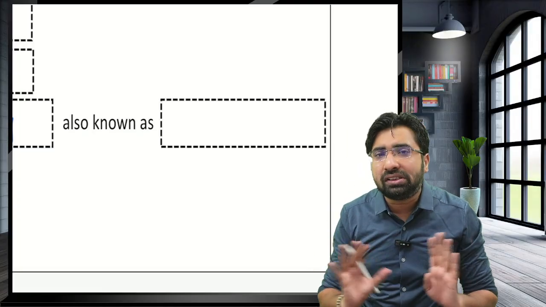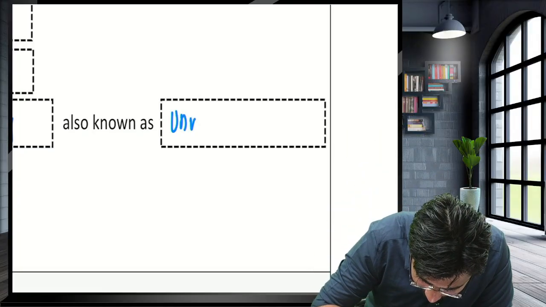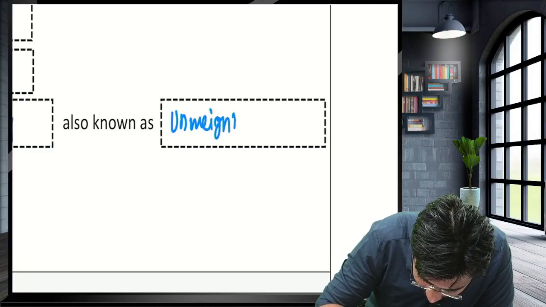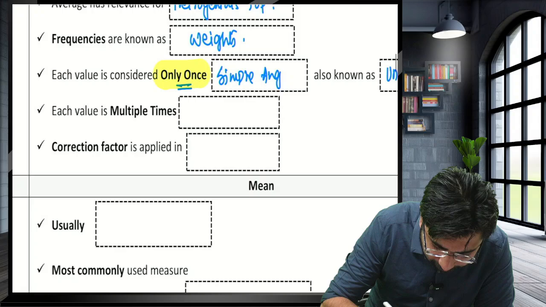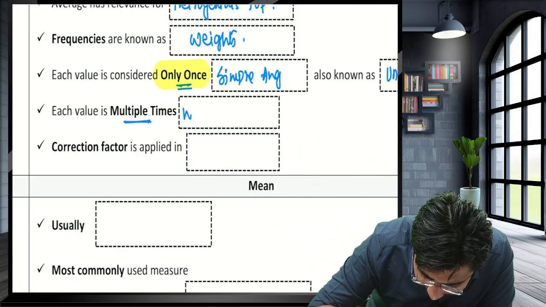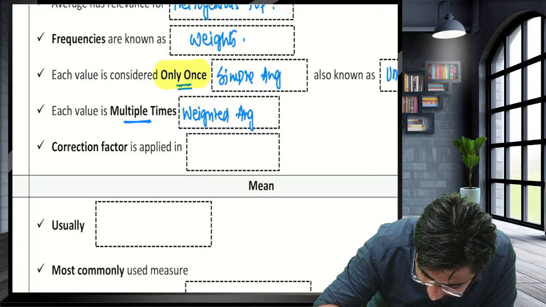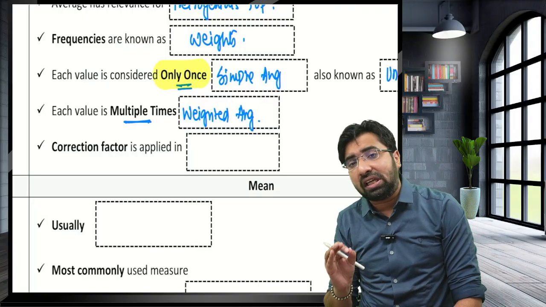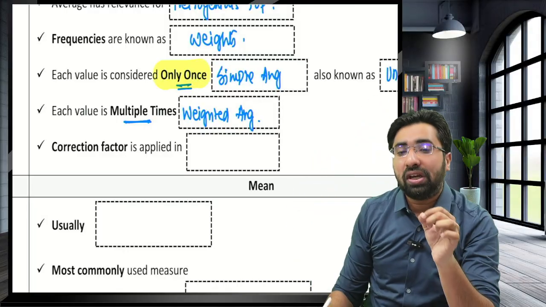You are not considering the frequency, so you are calculating an unweighted average. And if you are taking all the observations as many times as they occur, taking the frequencies into consideration, you are calculating the weighted average.